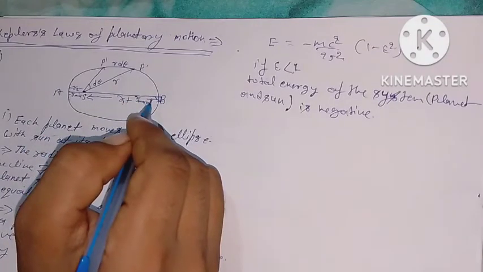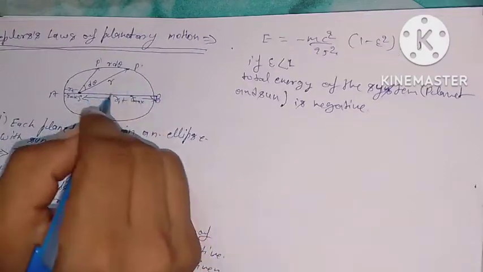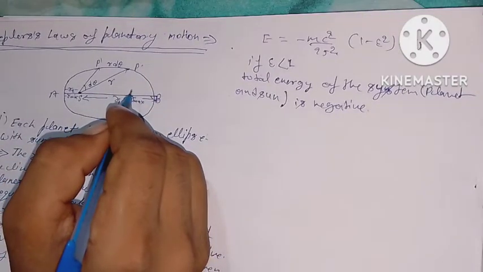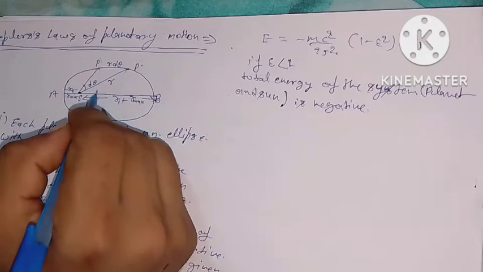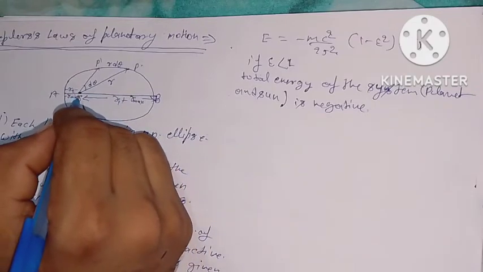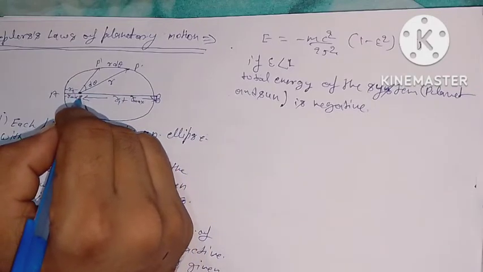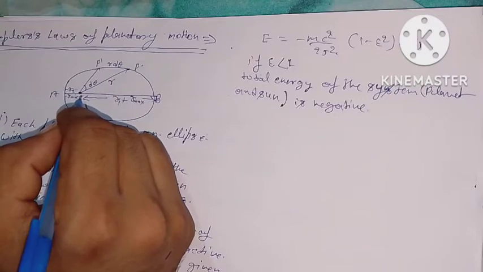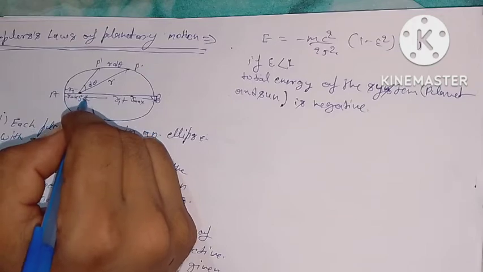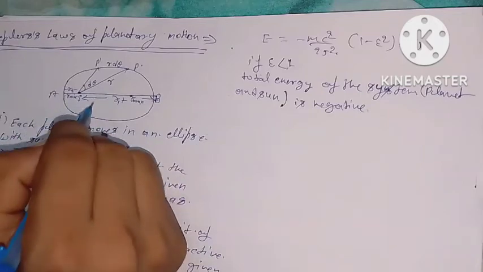In the case of the motion of a planet round the sun, the sun is at one focus, which is taken as the center of the coordinate system of the ellipse. Thus, each planet moves in an ellipse with the sun at its focus, as shown in the figure.